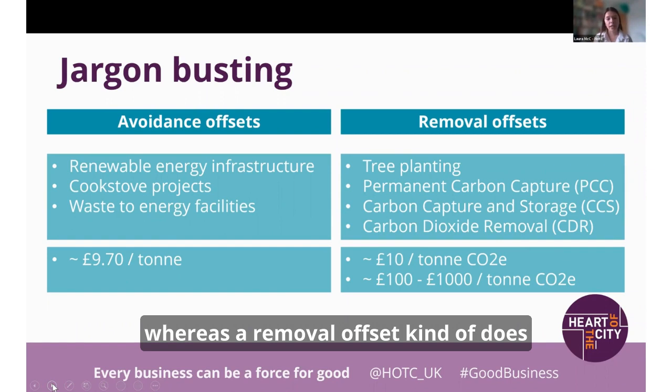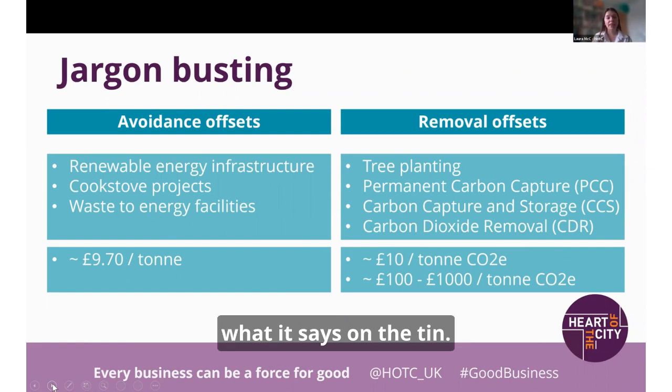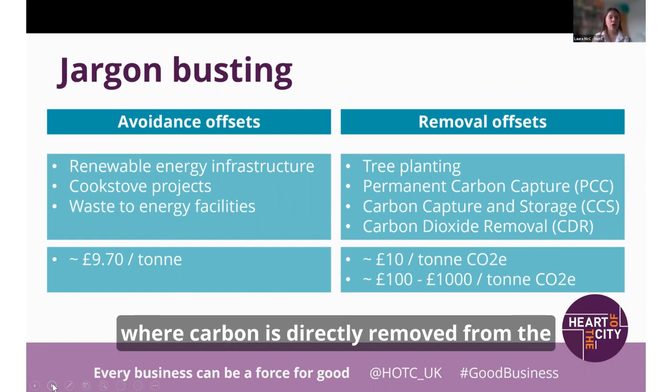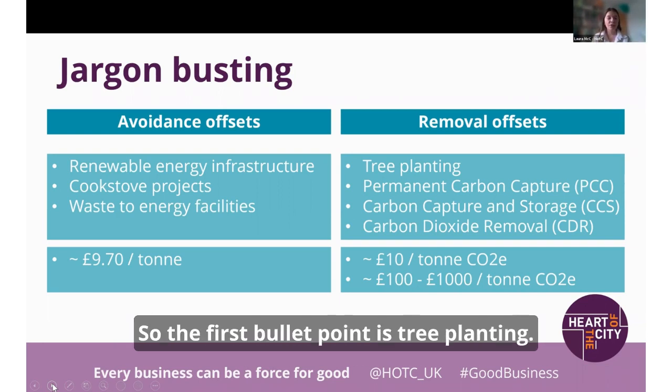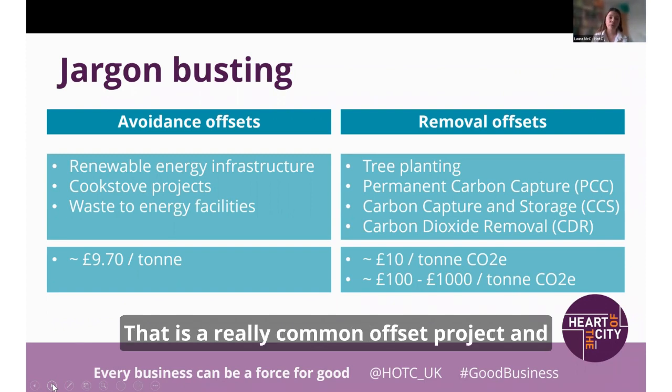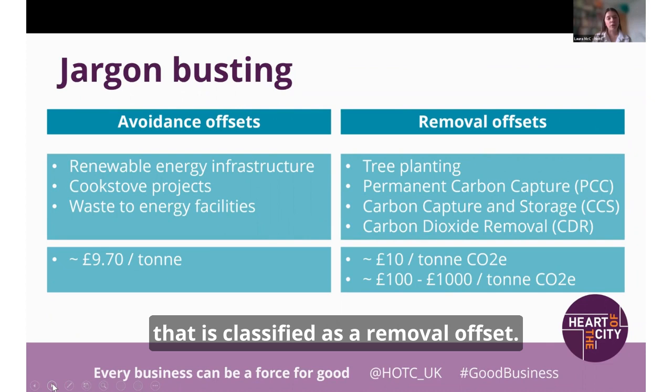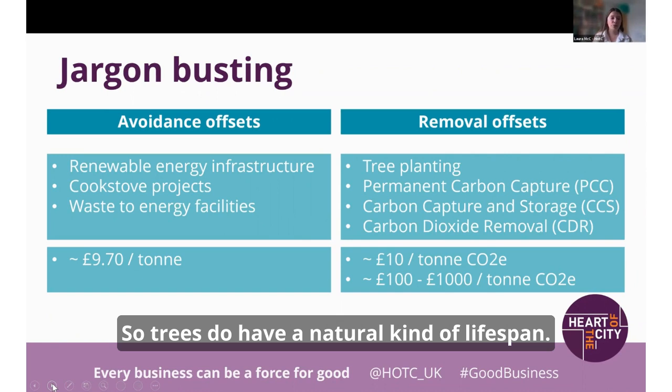So that's an example of an avoidance offset. Whereas a removal offset does what it says on the tin. They are projects that you pay into where carbon is directly removed from the atmosphere as a result of the offset. The first bullet point is tree planting. That is a really common offset project, and it is classified as a removal offset. However, I always like to highlight that they're not permanent removals. Trees have a natural lifespan.